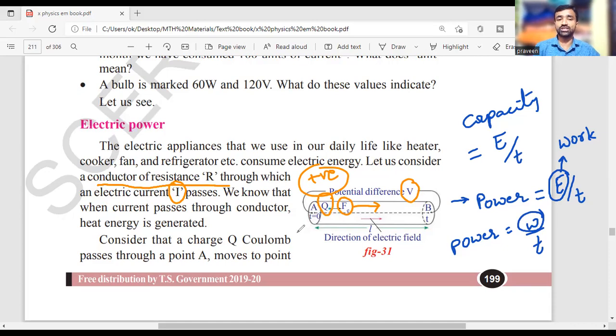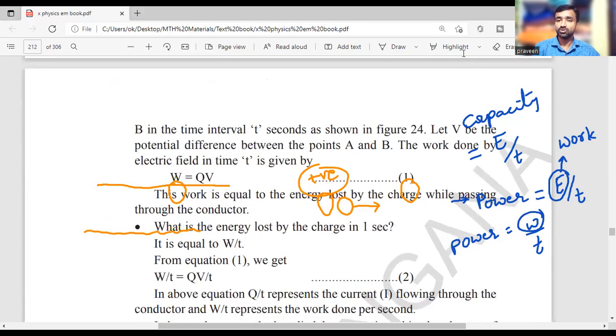So due to this resistance, what happens? Automatically certain amount of heat energy is generated in this wire, right? So now we are considering that amount of charge as Q coulombs passing from point A to point B here, right?